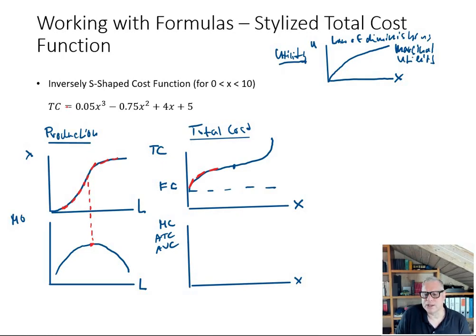So the total cost increases, but at a diminishing rate. And then there's maybe some point of inflection. And then, if the workers already start blocking each other or standing on each other's feet, that means if you want to produce more and more output, the costs keep on going up. So a marginal cost function typically looks like this, U-shaped.